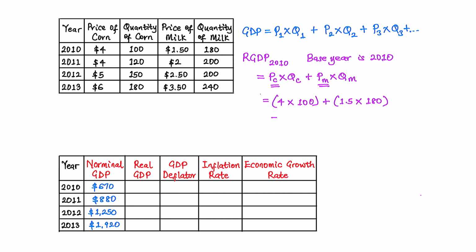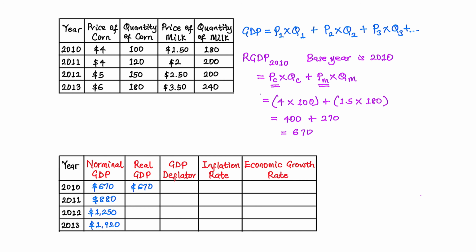Simplifying, we have 4 times 100, that's 400, plus 1.5 times 180, that's 270. That will give us a sum of $670.